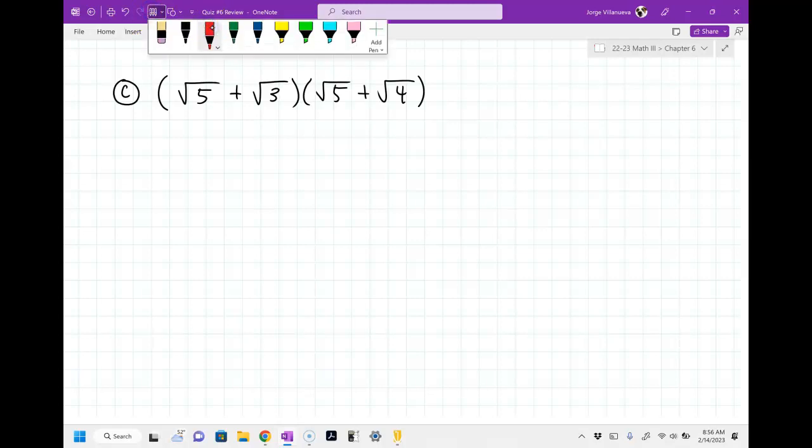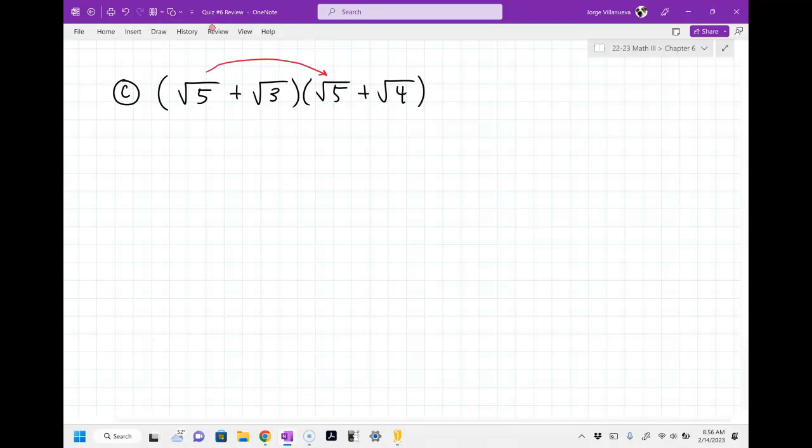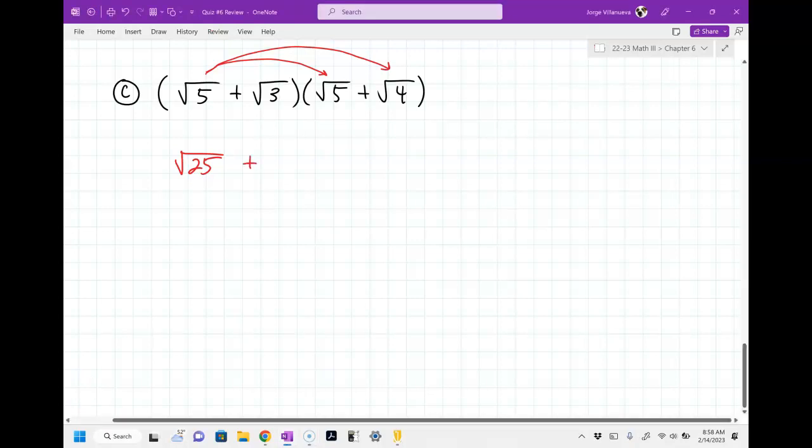All right, so let's start. When you're doing this here, square root of 5 times the square root of 5, so that's square root of 25. Square root of 5 times the square root of 4. This is 4, sorry about that. So square root of 5 times the square root of 4, that's the square root of 20.